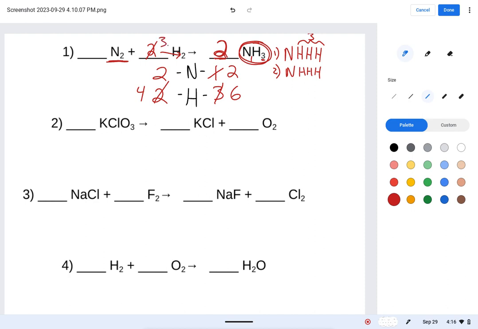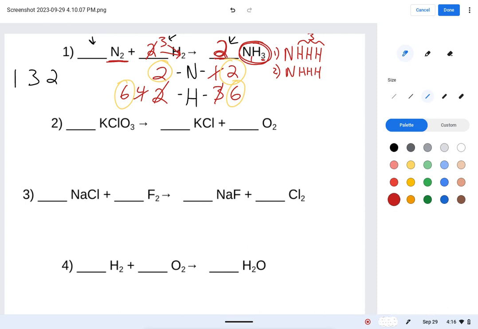So that's going to be 3 times 2, and that's going to give us a 6. Now we've got 2 nitrogens on the left and 2 on the right, 6 hydrogens on the left, 6 hydrogens on the right. So the answer for this one would be 1, 3, 2. See a 1, 3, and a 2.